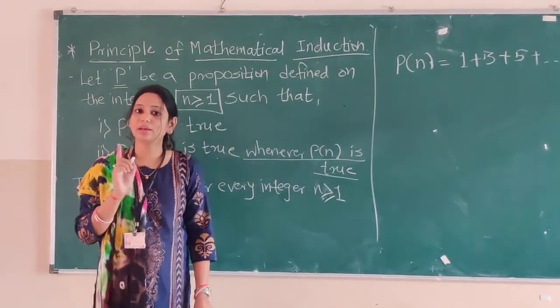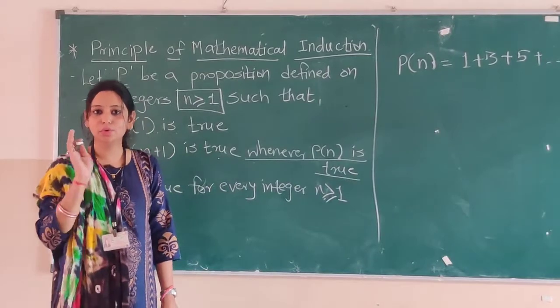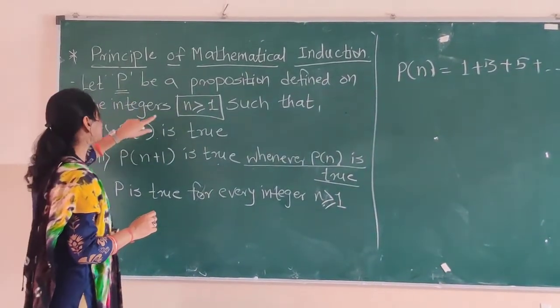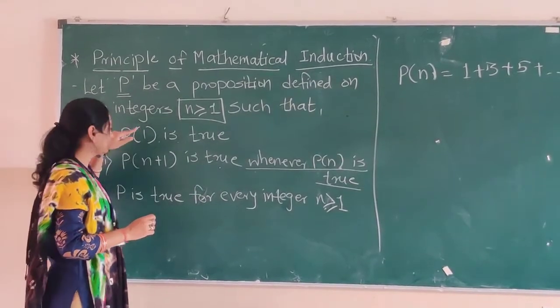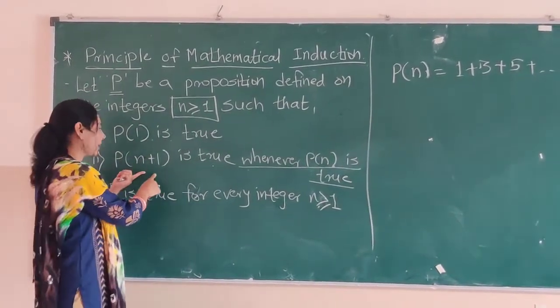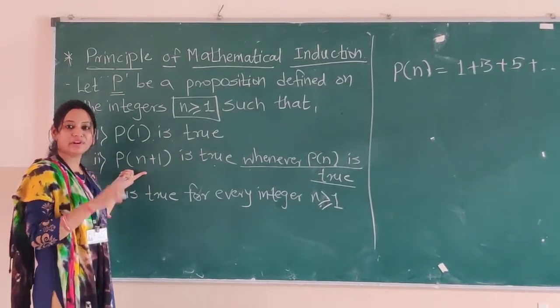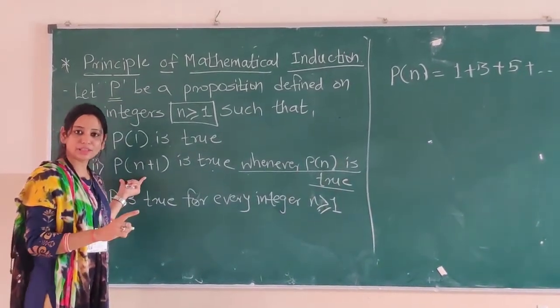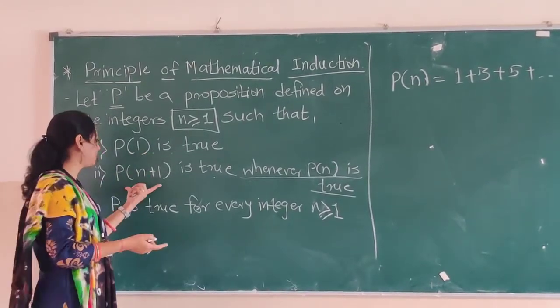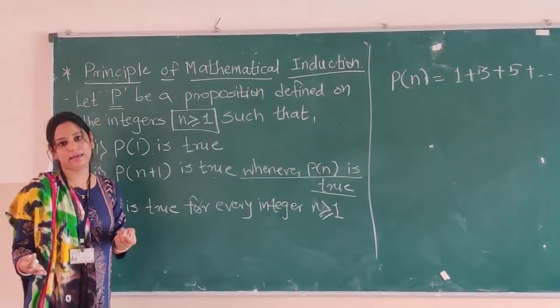This is very necessary and mandatory to learn: whatever proposition we are having, if that is true for P of 1, then it will be definitely true for P of n plus 1. But if our proposition does not satisfy P of 1, then it won't satisfy P of n plus 1 under any condition.